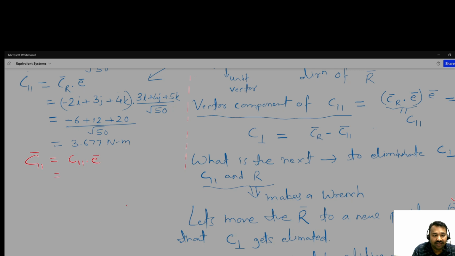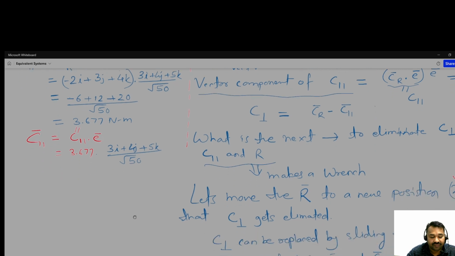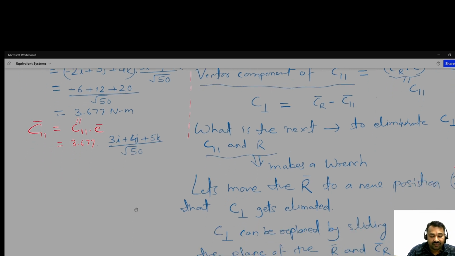This is equal to 3.677, and again the unit vector we need to write here, so (3i + 4j + 5k) divided by 50. So in this way.